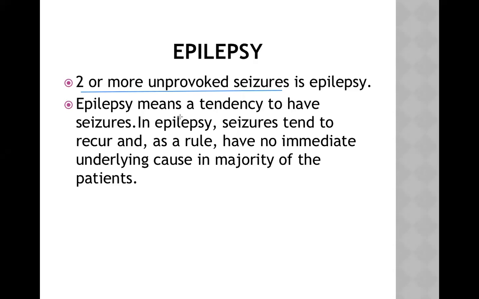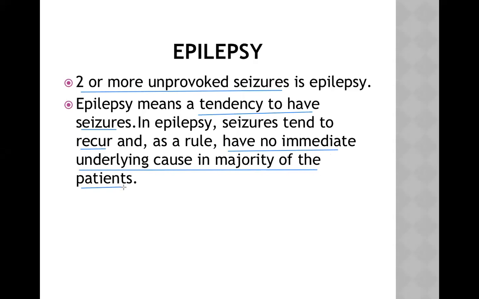So epilepsy means there is a tendency to have seizure. In epilepsy, seizures tend to recur and as a rule have no immediate underlying cause in the majority of patients. This is a very important point. They have no immediate underlying cause in the majority of patients.